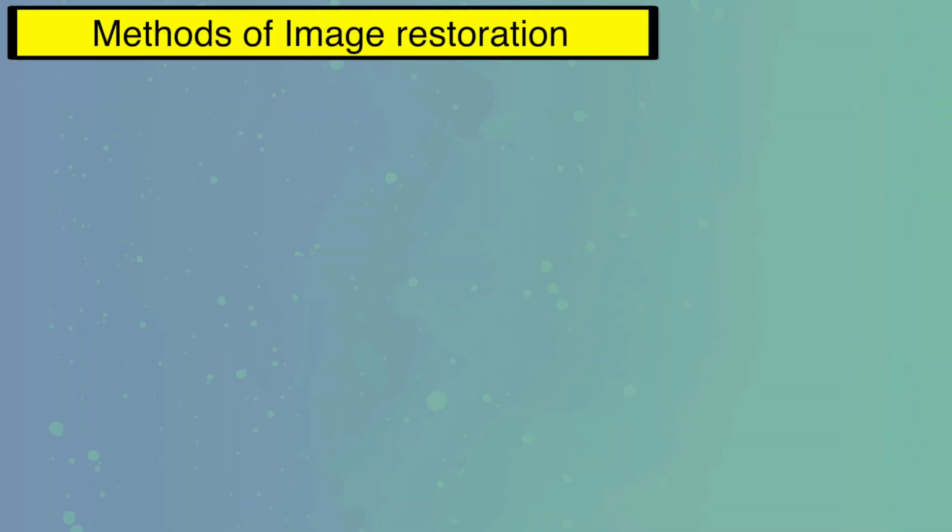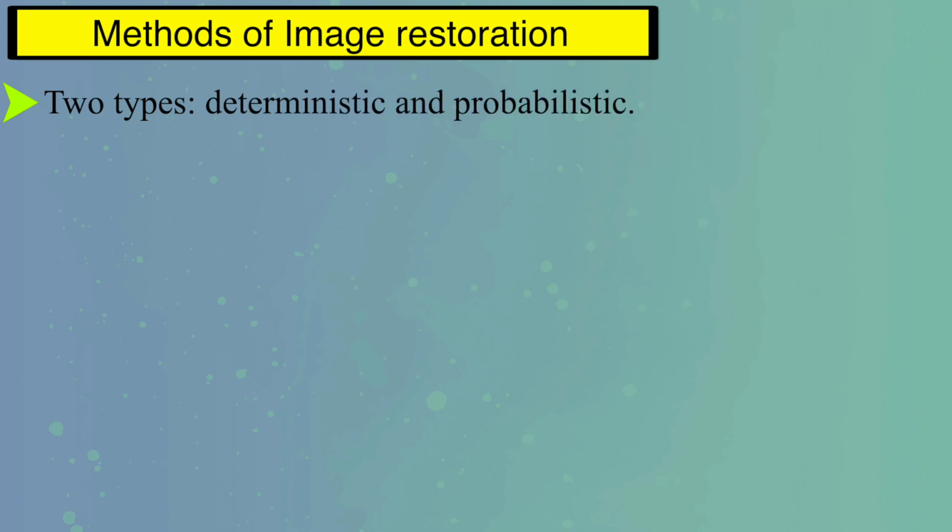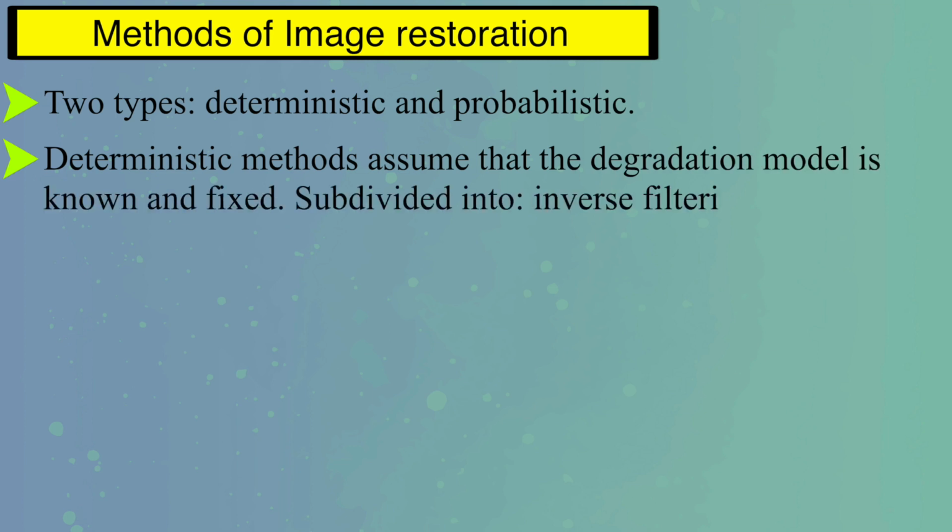Image restoration methods can be broadly classified into two types. First one is deterministic model, second one is probabilistic model. Deterministic model assumes that the degradation model is known and fixed, and uses mathematical or physical principles to invert or solve the degradation equation.